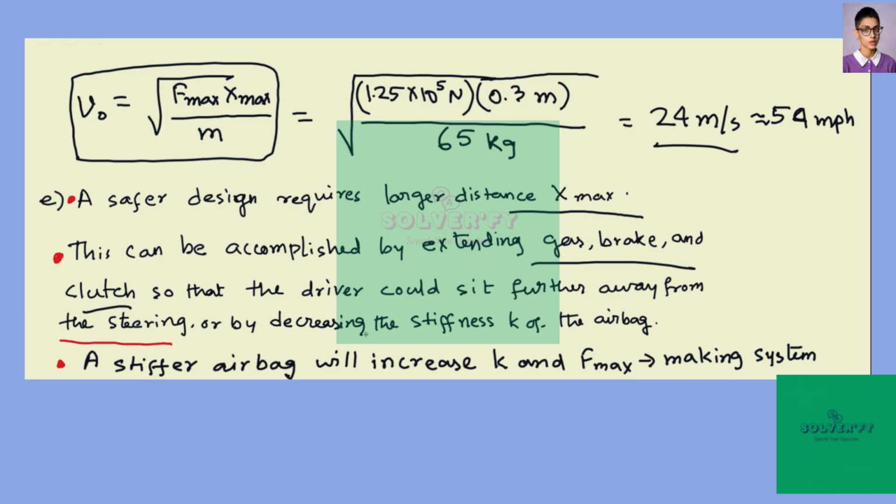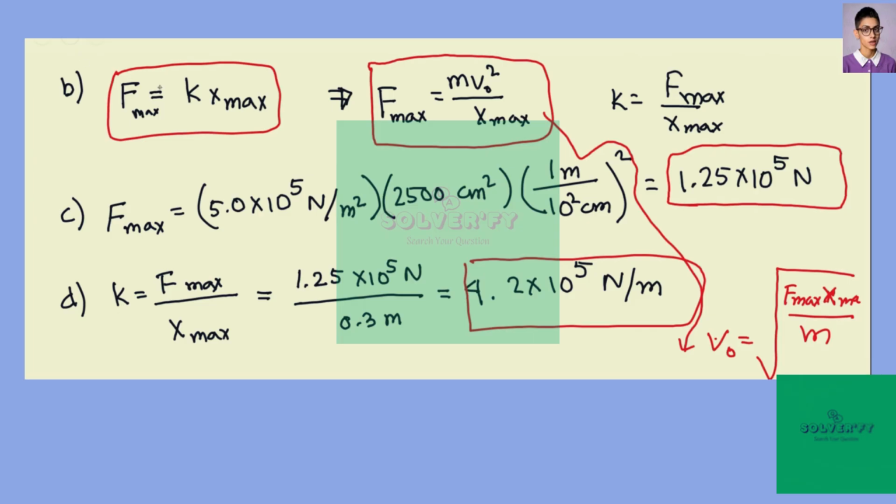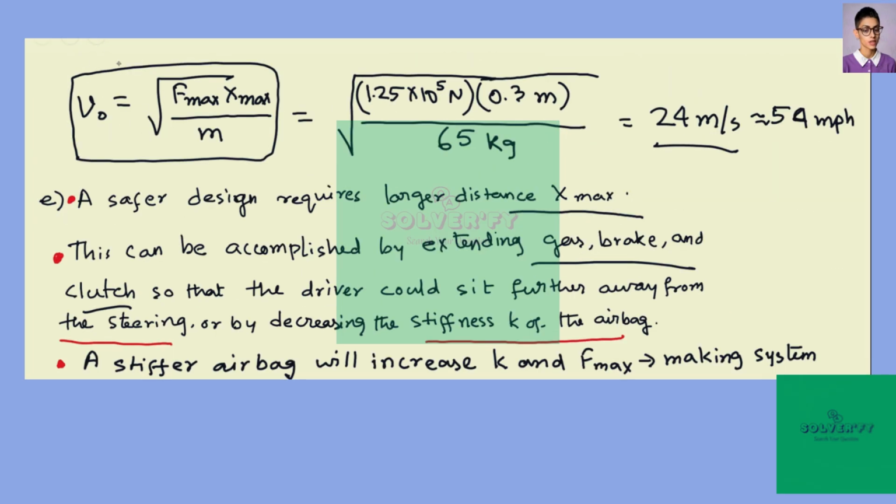And also we can decrease the stiffness k of the airbag, because if we decrease the stiffness, this will reduce the maximum force, so that will be safer for us. And if we make a stiffer airbag, that will increase the force constant, and also that will increase the F max, which will be less safe for us.